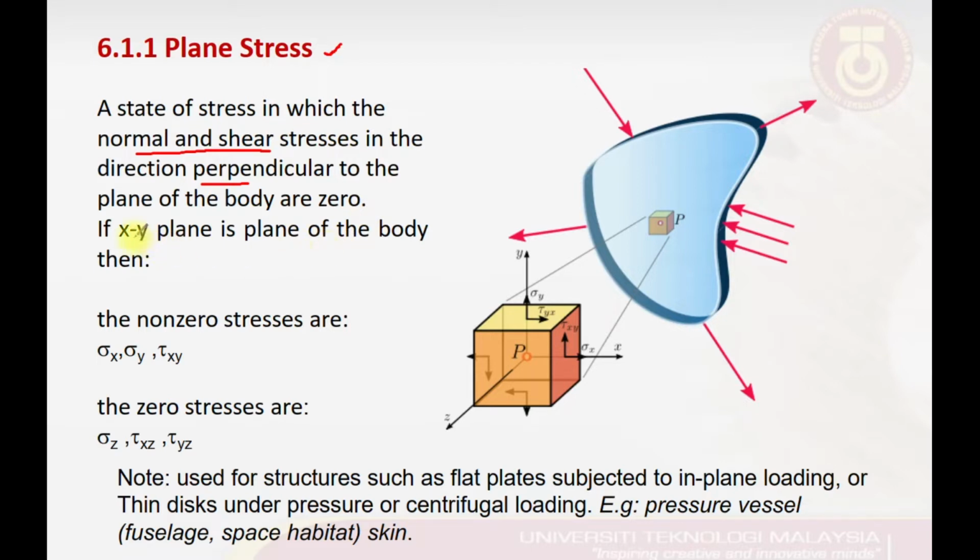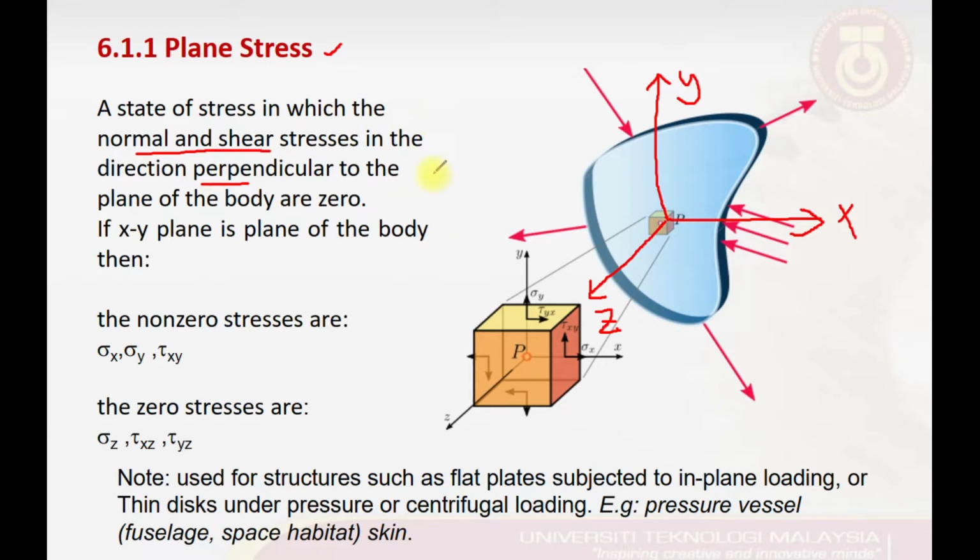So if, for example, I take the xy plane as the plane of the body, so if I take these x and y as the plane of my structure, then the one that is perpendicular to this plane is in the z direction, or the thickness direction.